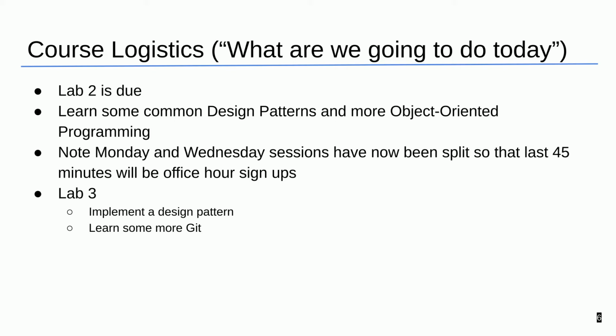And then the last 45 minutes I've allocated to signups for more office hours, just to get more coverage, make sure I have some specific times for my software engineering students, or you guys. And then in lab, we're going to work on implementing a design pattern and maybe a little bit more Git, but at least another design pattern here.